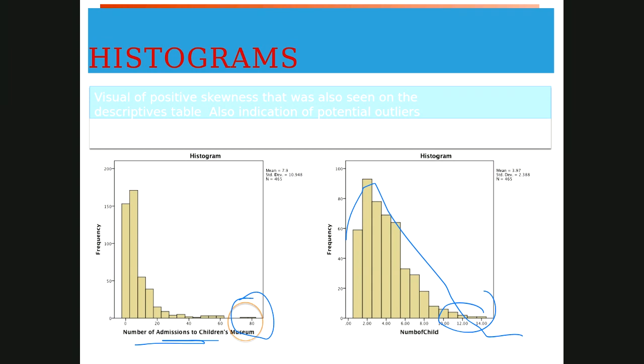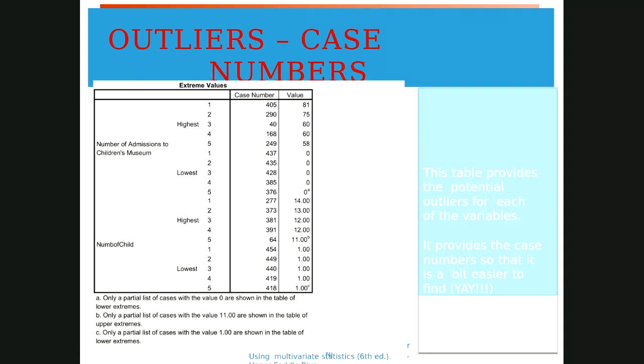Obviously, most people are more here in the 0, 1, 2, 3, or even 4 kids. But these are legitimate cases, so there's no outliers for the number of children, but this number of admissions to the Children's Museum is definitely something we would want to check out.